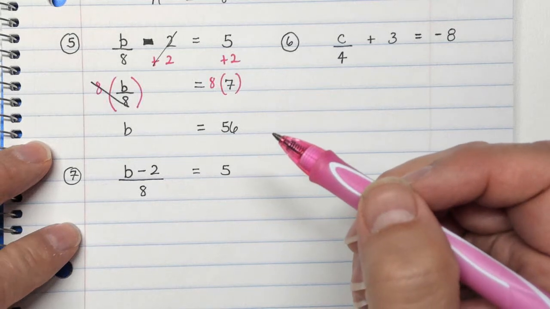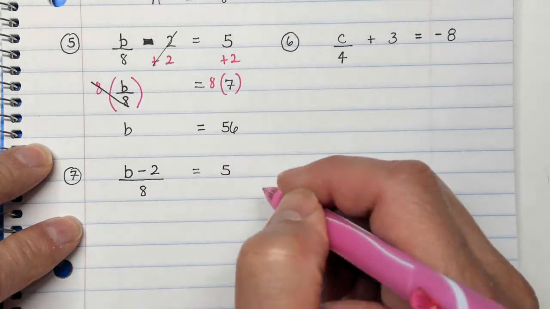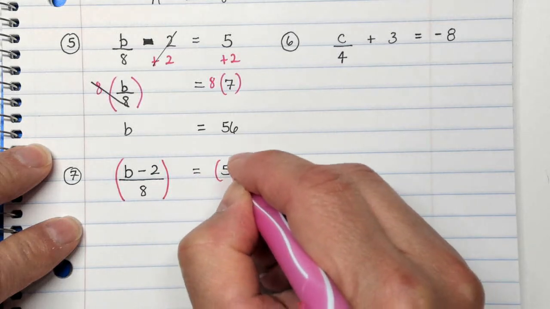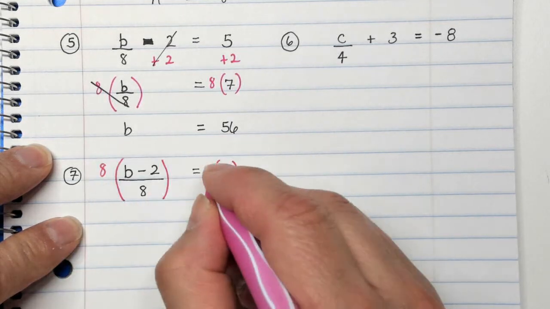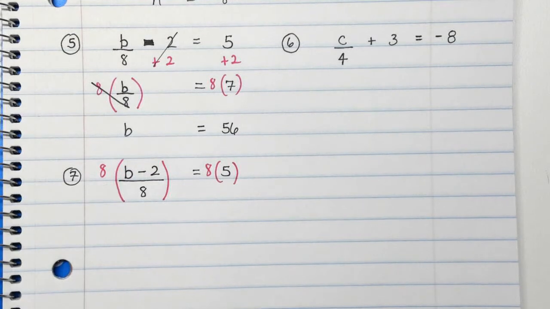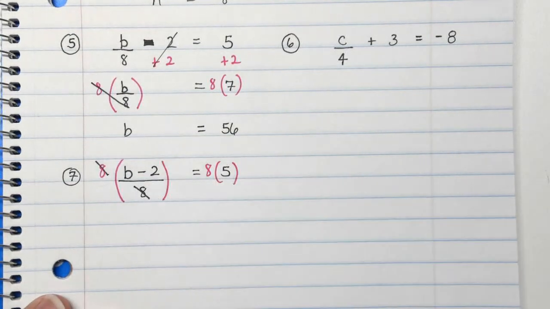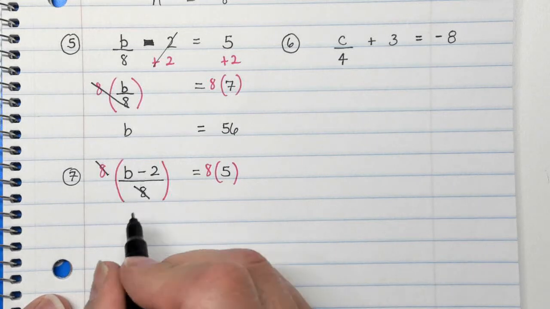So the opposite of dividing by 8 is multiplying by 8. Multiplying by 8. So I'm going to put 8 here and 8 here. Cancel. This time what's left over is B minus 2.